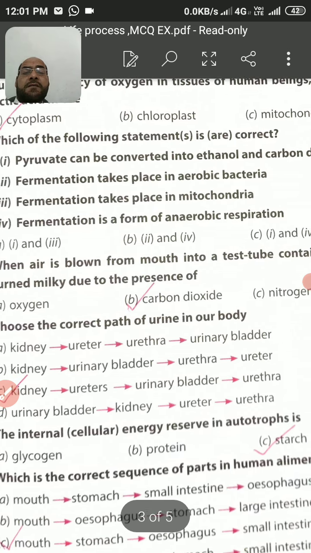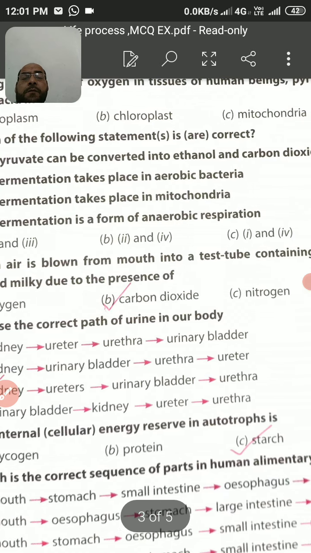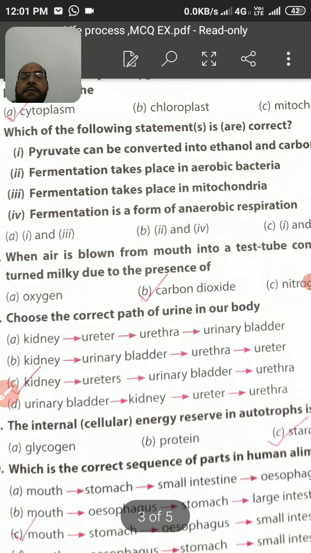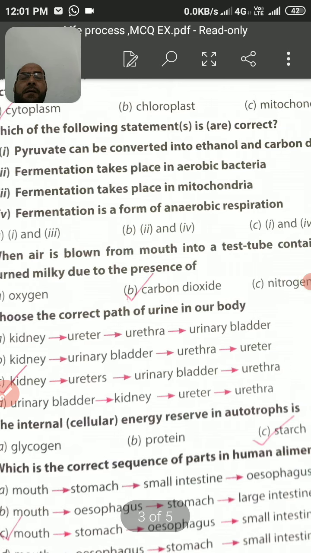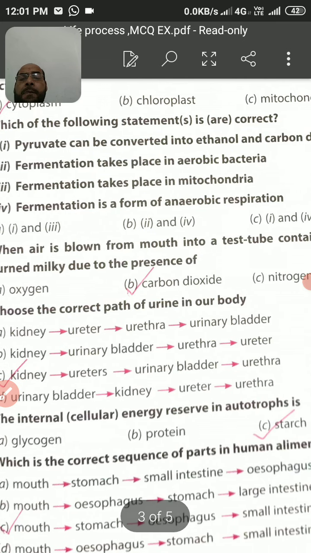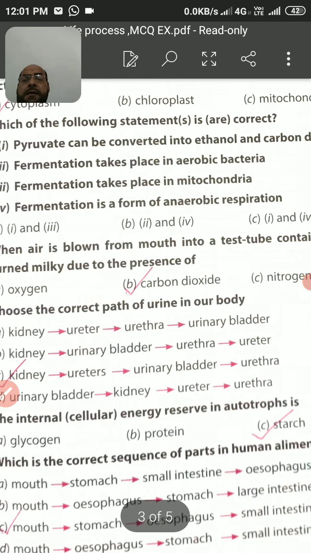Which of the following statements are correct? Pyruvate can be converted into ethanol and carbon dioxide by yeast. This is correct. Fermentation takes place in aerobic bacteria. This is incorrect. Fermentation takes place in mitochondria. Incorrect.